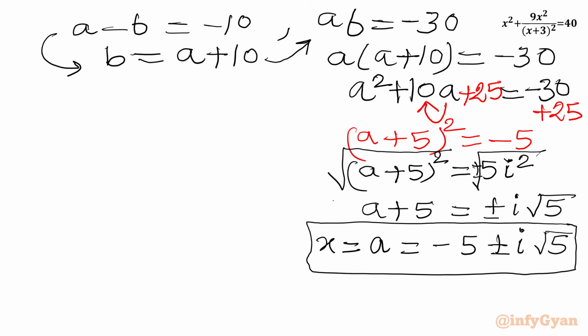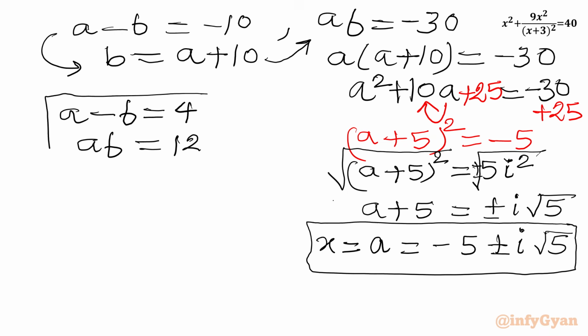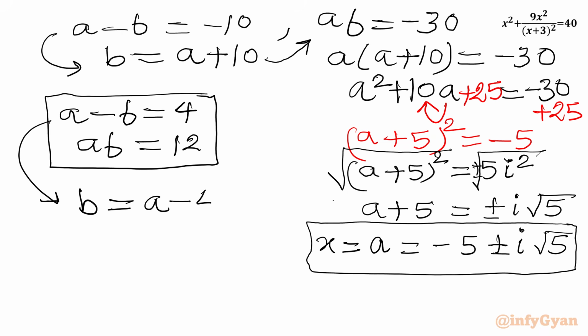Now we have the first system: A minus B equals 4 with AB equals 12. Similarly, I will find B from the first equation. So B will be equal to A minus 4, which we will apply in the second equation.